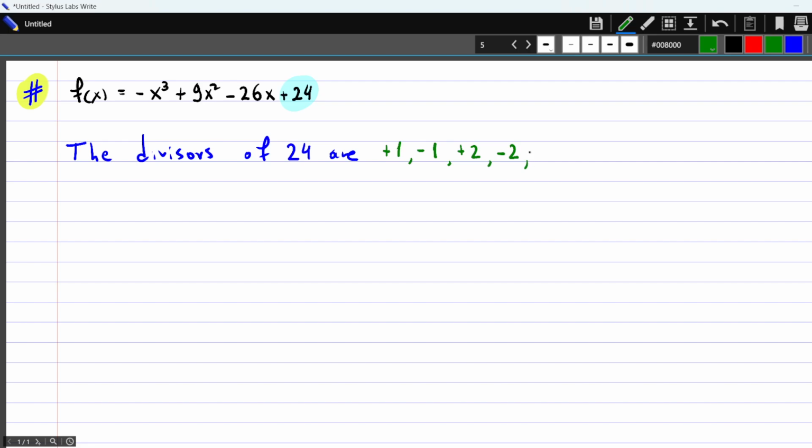What else? Is 3 a divisor? 24 divided by 3? Yes, it is. So, +3 and -3. Be very careful, we get both numbers. With +3, -3, +1, -1, we don't pick only one, we pick both. Same with +2, -2.